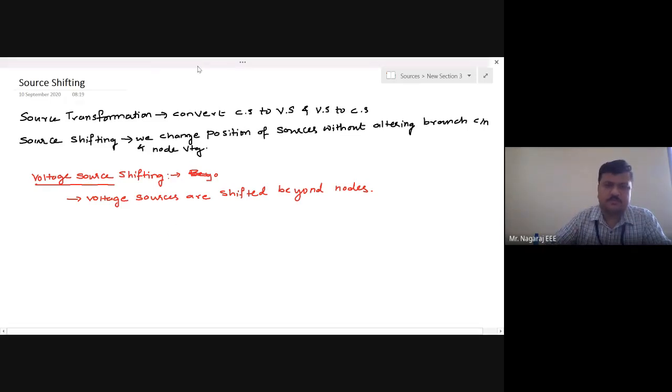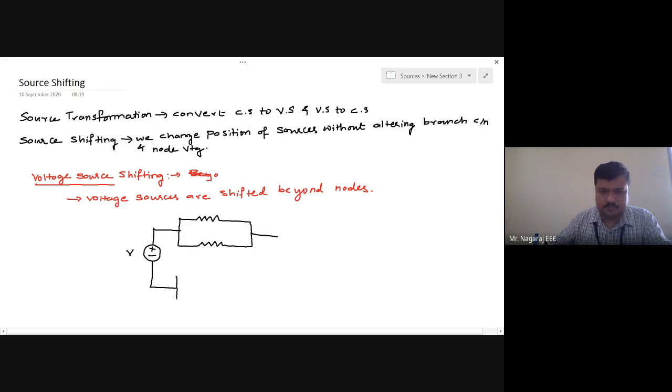I have a voltage source, and say this is connected with some resistances.